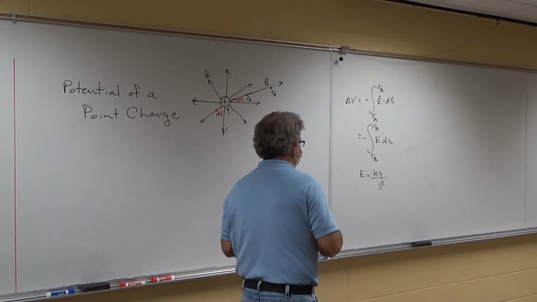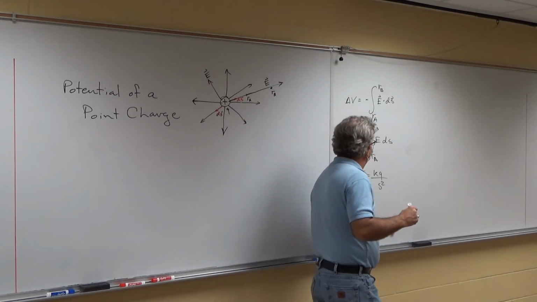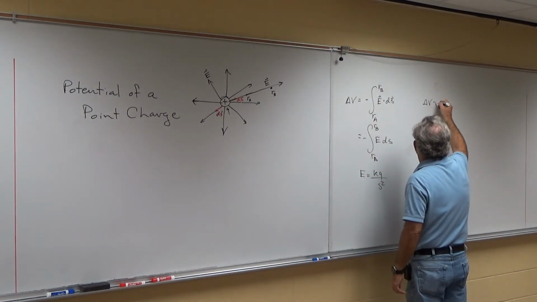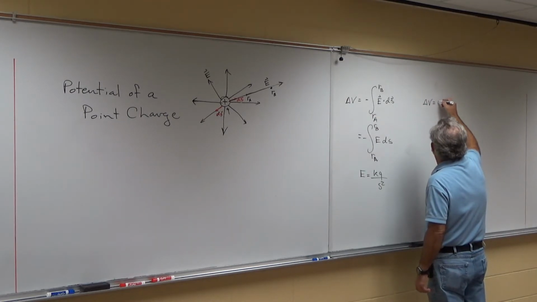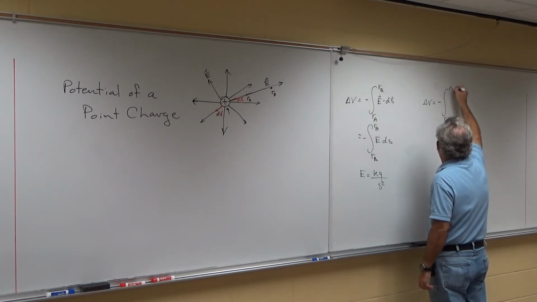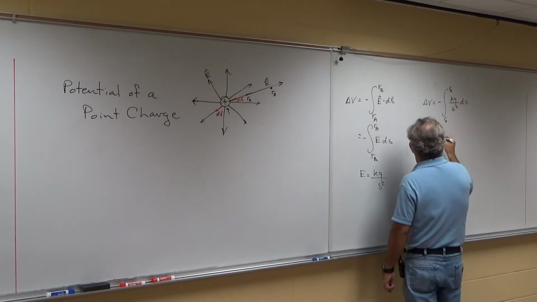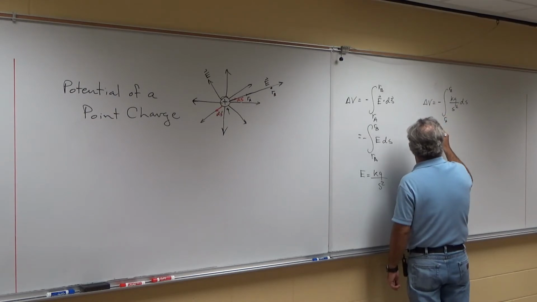Notation, notation, notation. I'm going to plug this in, and you get delta V equal to minus the integral from RA to RB of KQ over S squared ds. But K and Q are constants, so I'm going to pull those out.